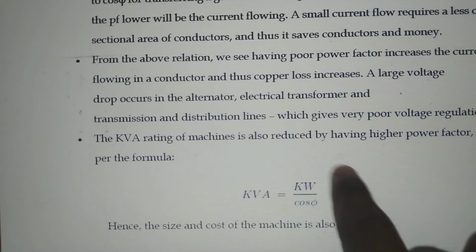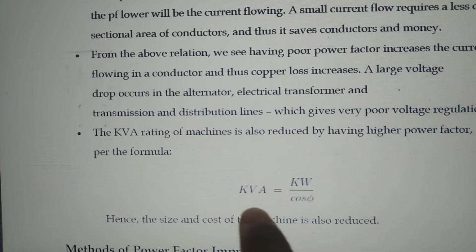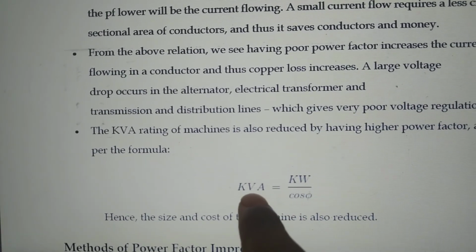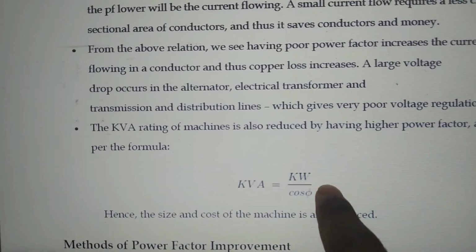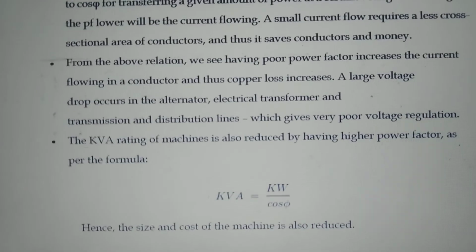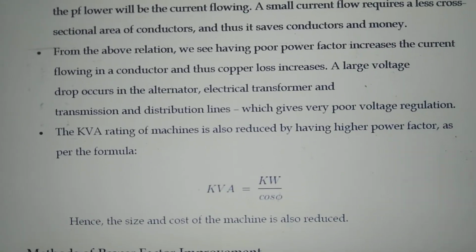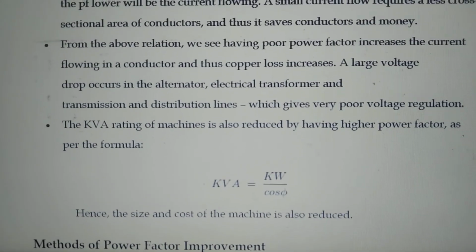This we can see from the triangle, and we can say kVA is inversely proportional to the power factor. If power factor is more, there is a reduction in the rating of the machines which we are using in the power system. We can say that the size and cost of the machines is also reduced.